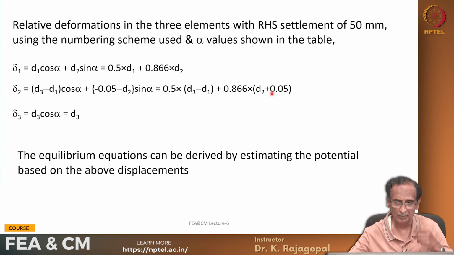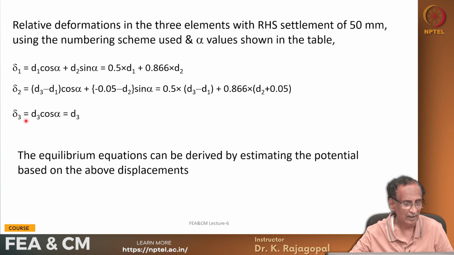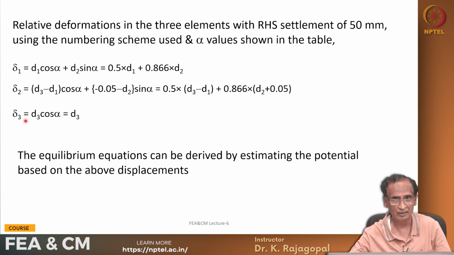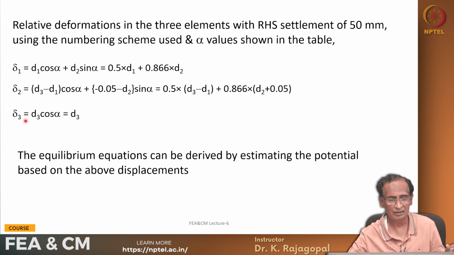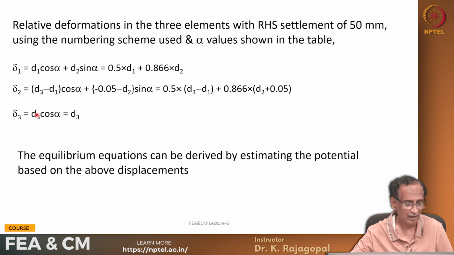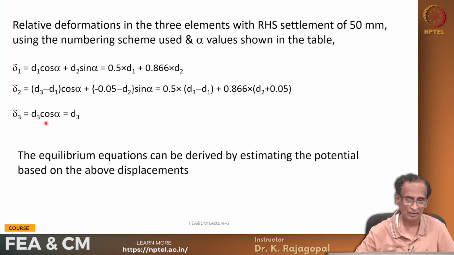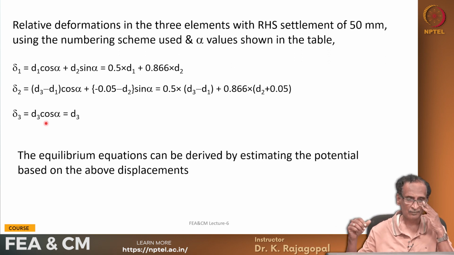So the relative deformation is d2 plus 0.05, and delta 3, the relative deformation in element 3, that's the horizontal element, is simply d3 cosine alpha, because it's coinciding with the x-axis, and there is no effect of settlement on element 3 and element 1, because they are not directly connected. Okay.